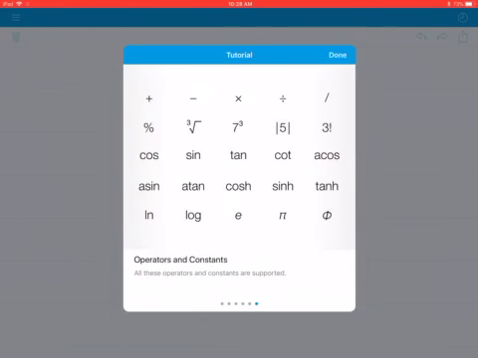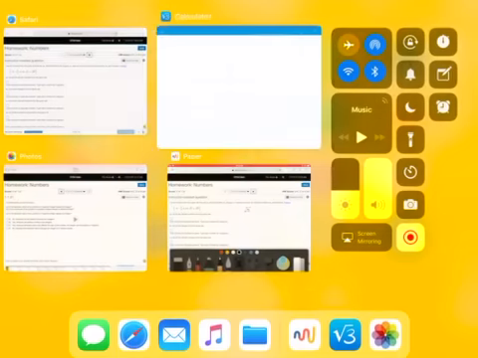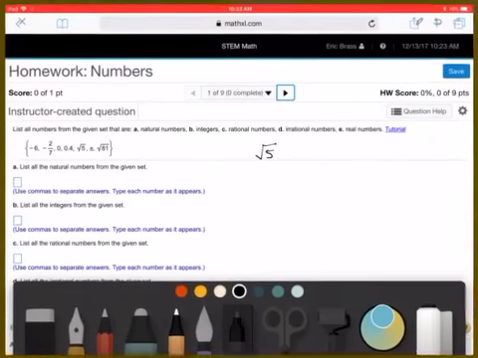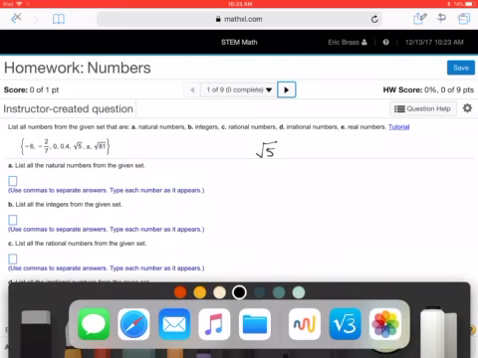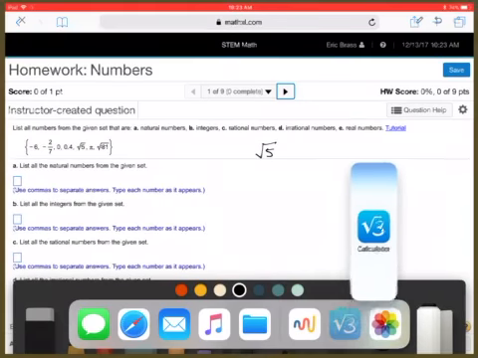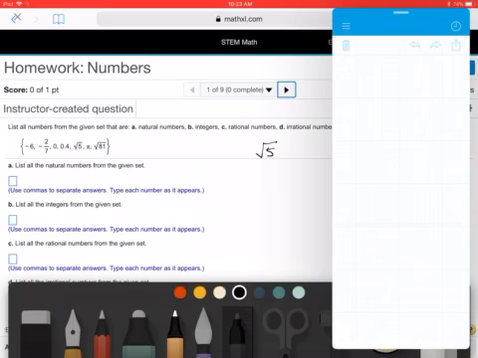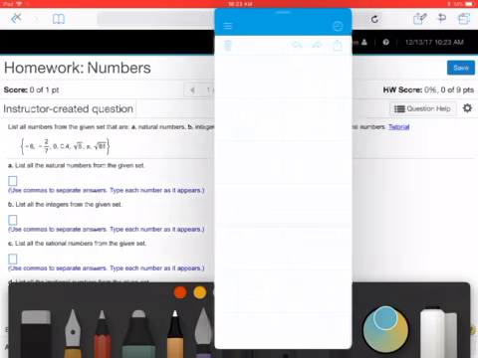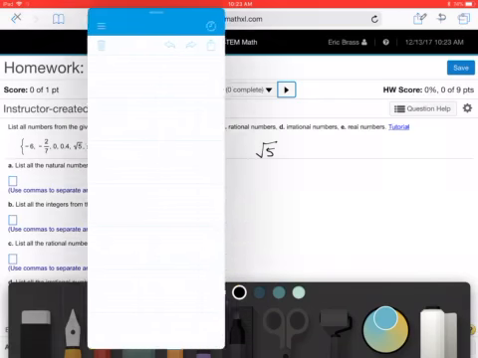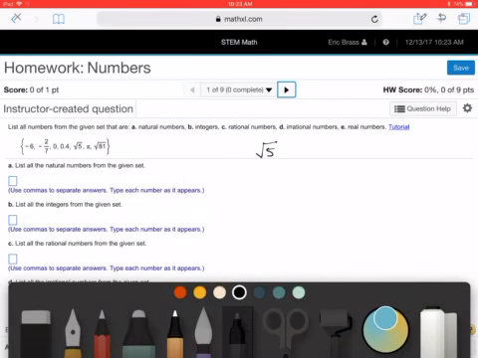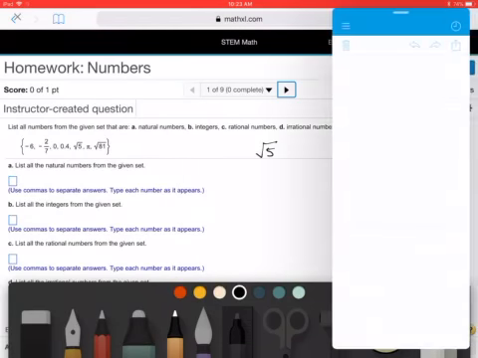It is quite useful. I'm just going to go back to paper, and then pull my script calculator up here and pull it over to the left-hand side. Oh, nope, I can't. Oh, there we go.